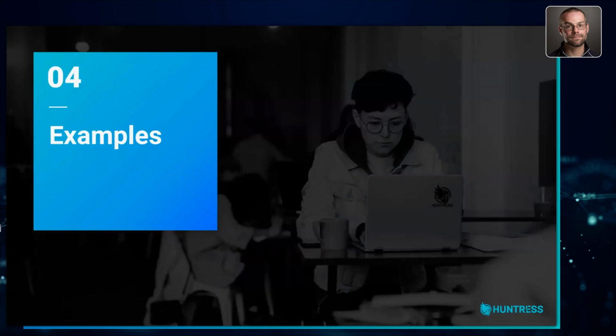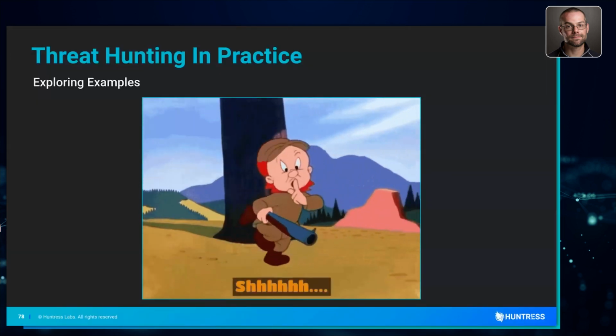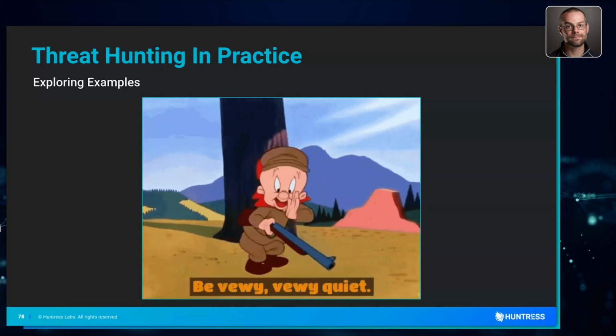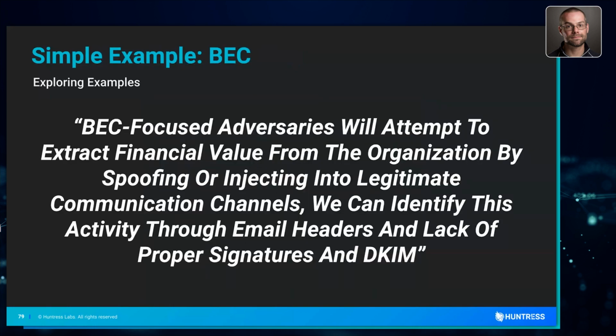So that's all well and good, but what does this actually look like in practice and not in theory? So from looking for hunting, we can certainly just go out there and try to be very quiet and go out and try to hunt rabbits, but instead we want to be a little more focused. So for example, we can take a very simple instance, although for a very serious threat, of business email compromise.